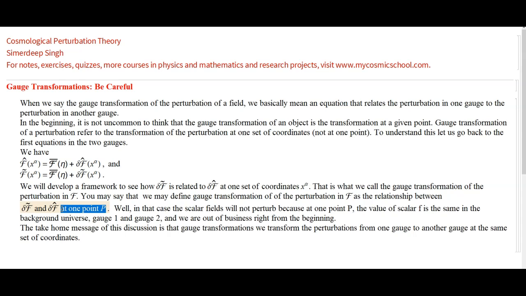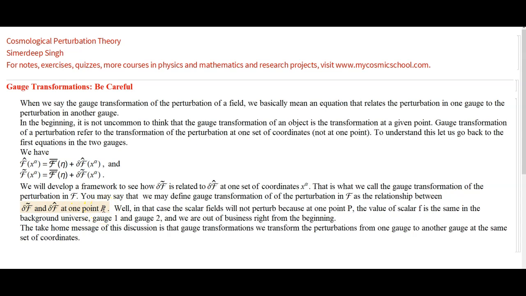Which means if you take the density value at one point P in the background universe and measure the value of density at same point P in perturbed gauge, both values will be the same. So value of a scalar at one point P will be same as its value in gauge 1, will be same as its value in gauge 2.